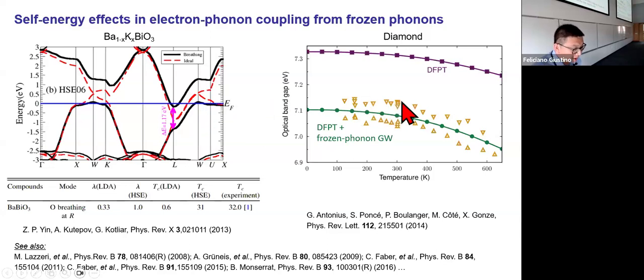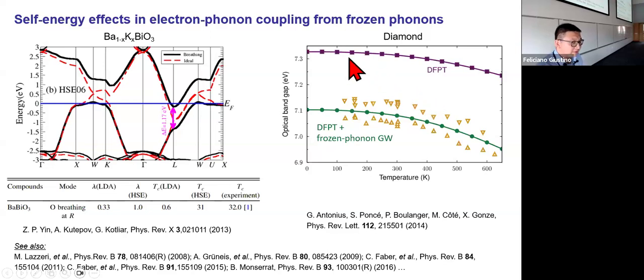Another example was also done 10 years ago, which also includes Samuel, who did the work. In this work, the authors calculated the band gap renormalization from electron-phonon interaction, which was also covered in the lectures earlier. So this electron-phonon coupling can give you zero-point renormalization of the band gap at zero temperature, as well as temperature dependence in the band gap at finite temperatures.